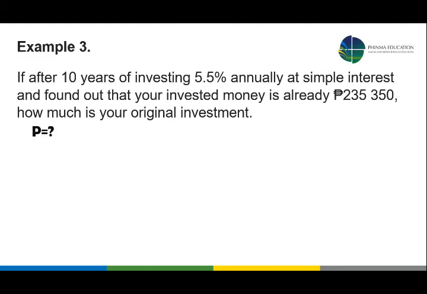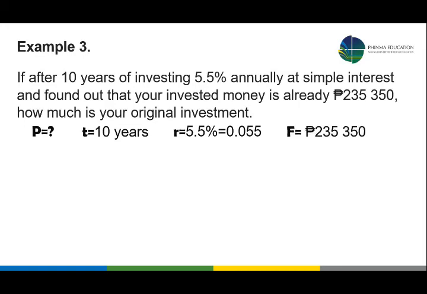In order for us to compute it, we have to plug in first the details or the data: a time of 10 years, a rate of 5.5%, which is equivalent to 0.055, and a future value or maturity value of 235,350.